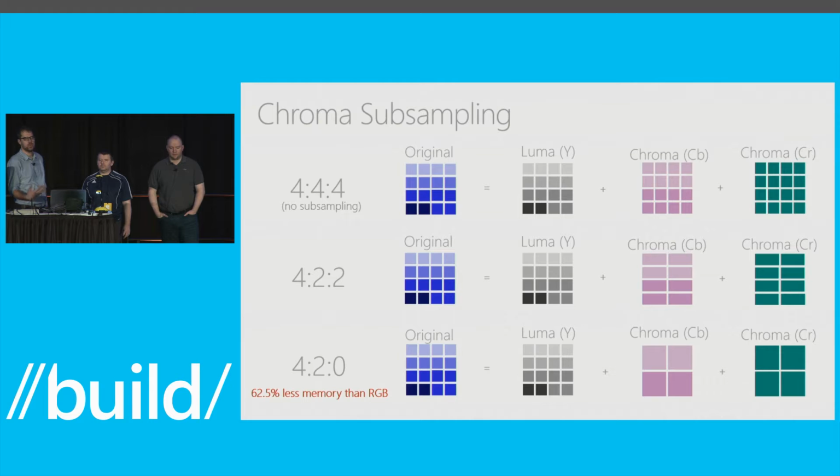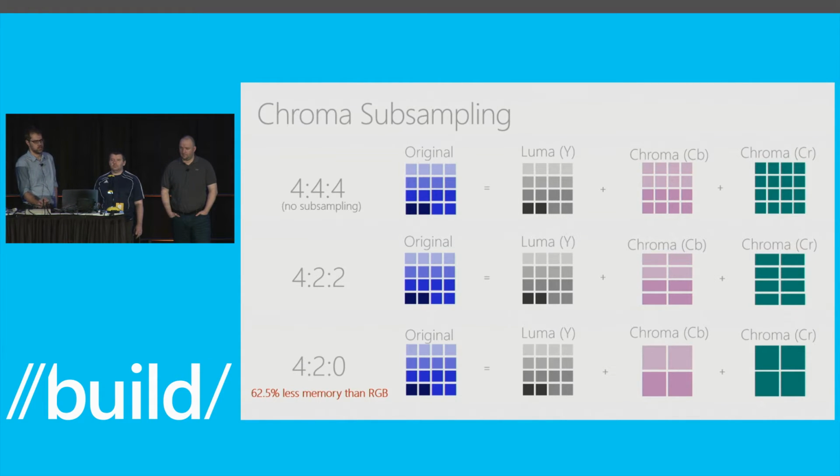So what we do when we encounter one of these JPEGs in IE11 is we actually copy over the luma and chroma channels just like this into the GPU. We don't convert them into RGB at 32 or 24 bits per pixel. We just keep them in luma and chroma representation. And that takes a bunch less space on the GPU. If you use 420 encoding, it's even better.